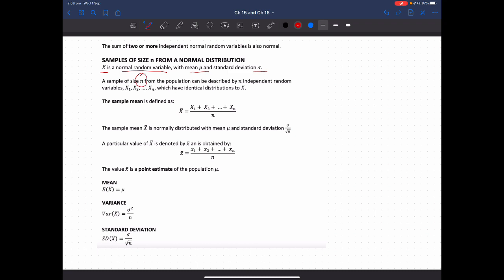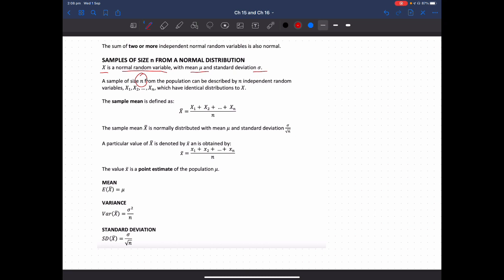For instance, if we wanted to find out what students at Forest Hill College thought about something, and their opinion of all Forest Hill students on this particular topic was normally distributed, so it was a normal distribution, we were trying to find out some features of that by sampling 20 students as an example.